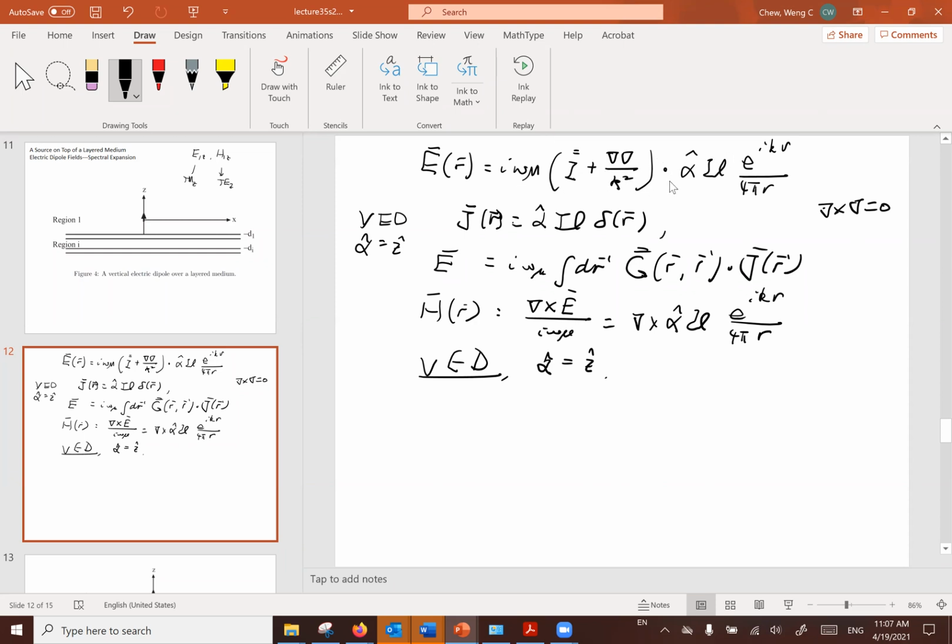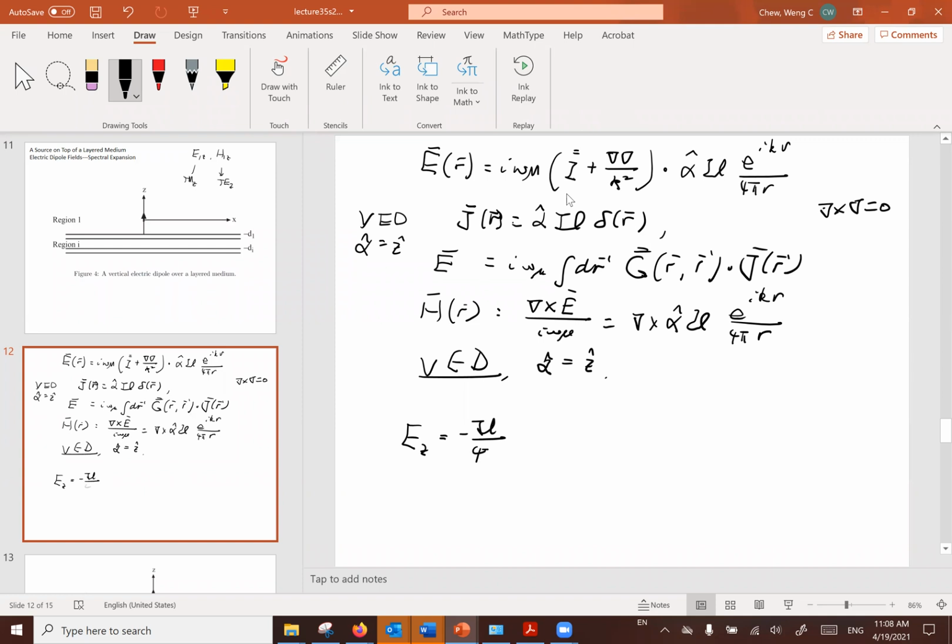It will contribute to a Z component, but I'm not going to go through the details. And if you plug in the Sommerfeld integral, you can show that Ez is something like this.